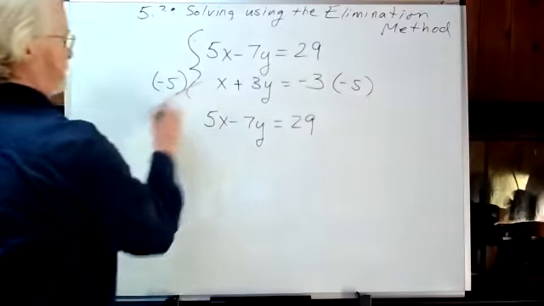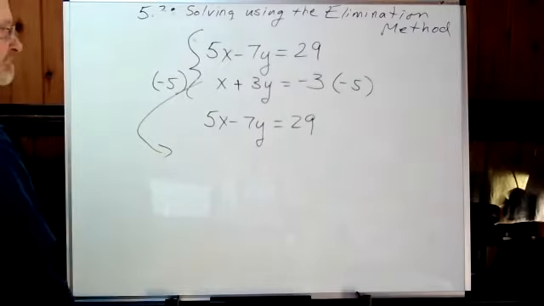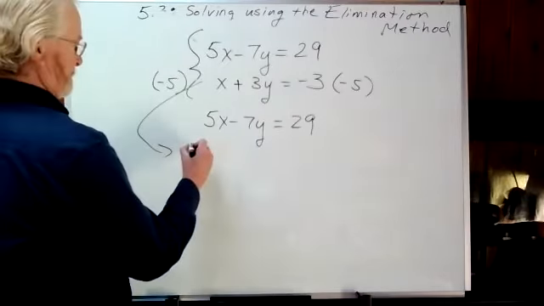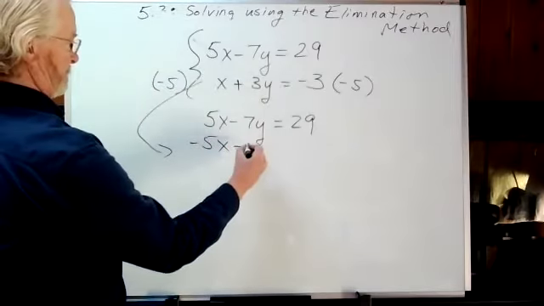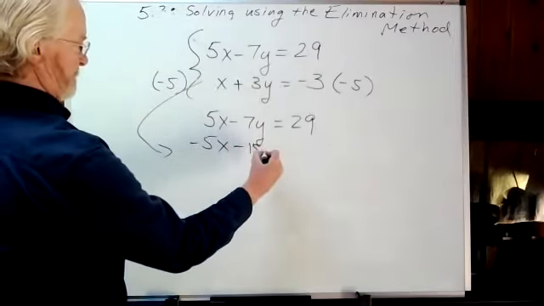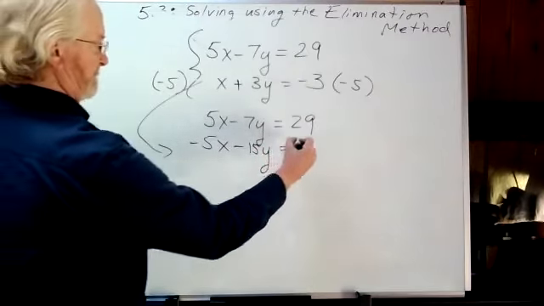And now I would rewrite the second one. Distribute, multiply -5 times each term. Change signs, right?